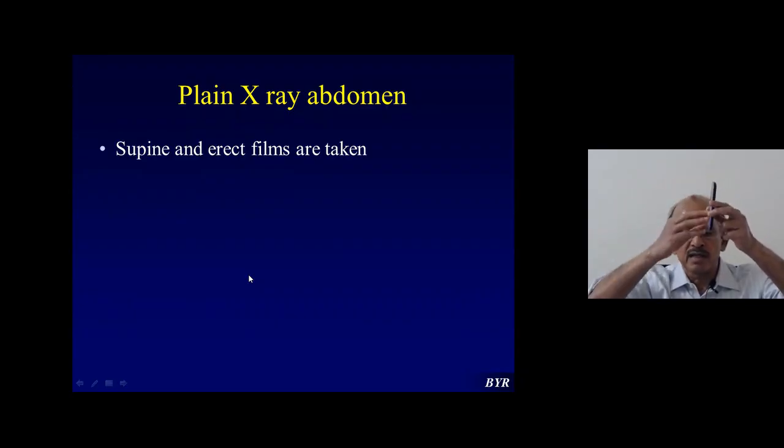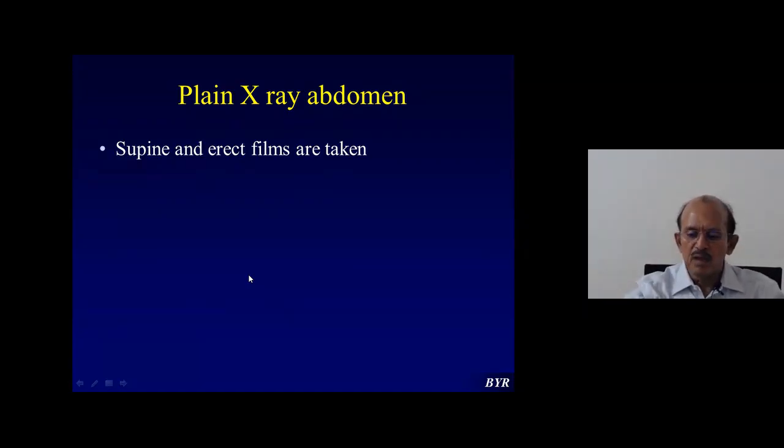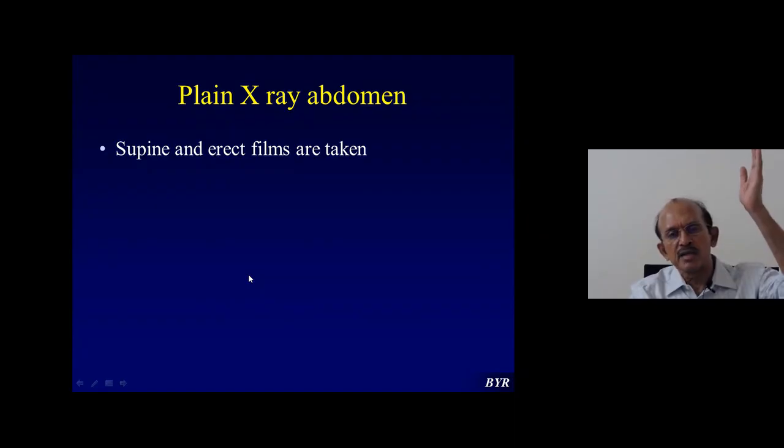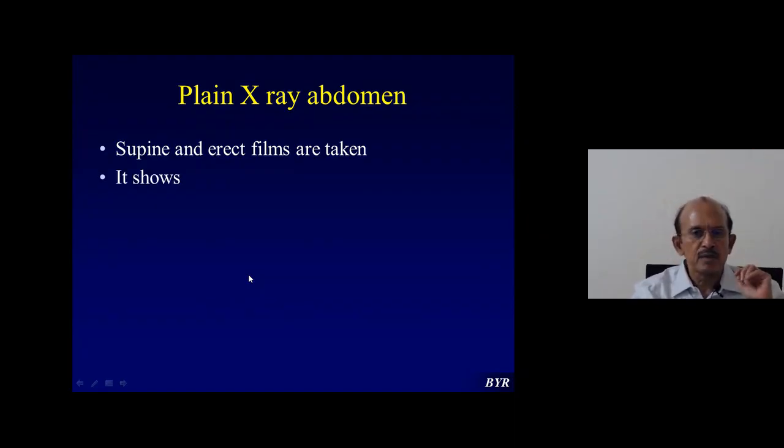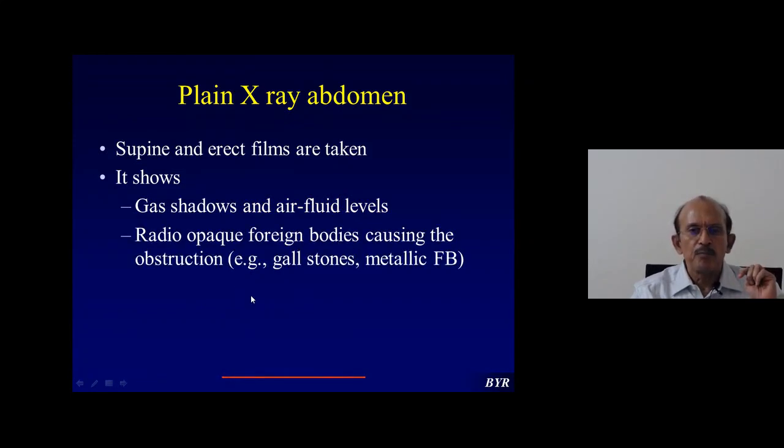So there are 2 postures. One, keeping the patient in supine position. Number 2, make the patient stand erect and take the X-ray. What for? Plain X-ray shows gas shadows and air fluid levels. If any radio-opaque foreign bodies blocking the bowel are present, they can be made out on plain X-ray abdomen.